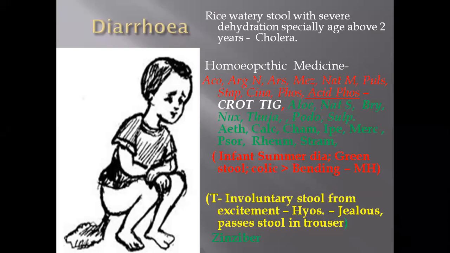In case of natrum mur also you will get diarrhea and the lack of confidence in the sphincter ani. Along with the natrum mur, general symptom pulsatilla, staphysagria, chamomilla, ipecac, mercurius, sulphur, rheum, stramonium. Try to remember these medicines along with their important symptoms.